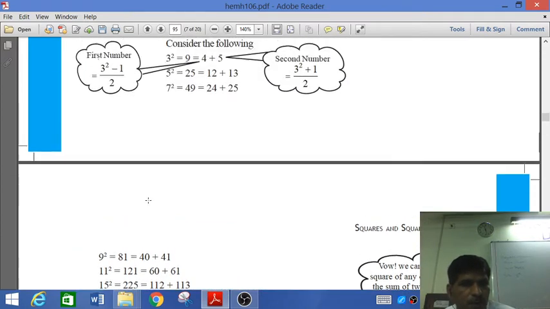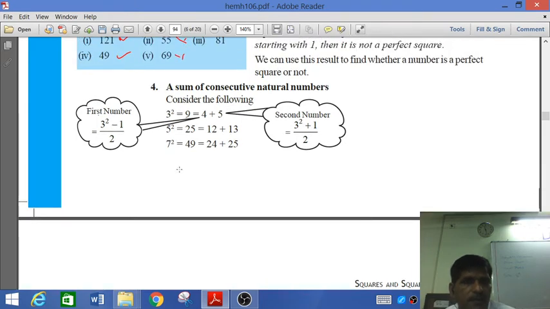Now if we look properly here, the formula is that the first number is (3 square minus 1) divided by 2 and the second is (3 square plus 1) divided by 2. First, 3 square is 9, 9 minus 1 divided by 2, that is 8 divided by 2, that is 4.